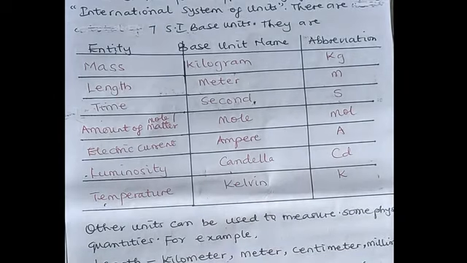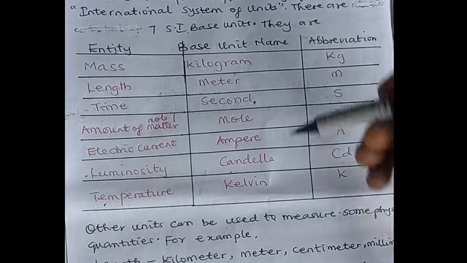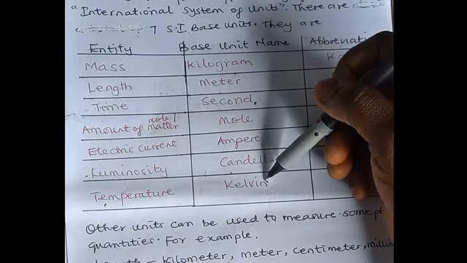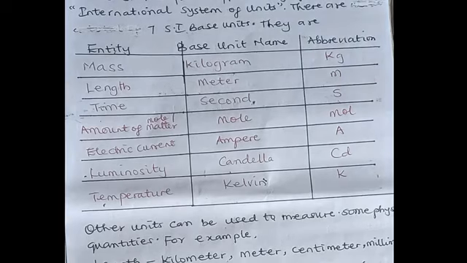Now, another example is temperature. The fundamental unit here is Kelvin, but later other units were derived from Kelvin, and that's Celsius and Fahrenheit. So temperature can also be measured in Celsius and Fahrenheit.